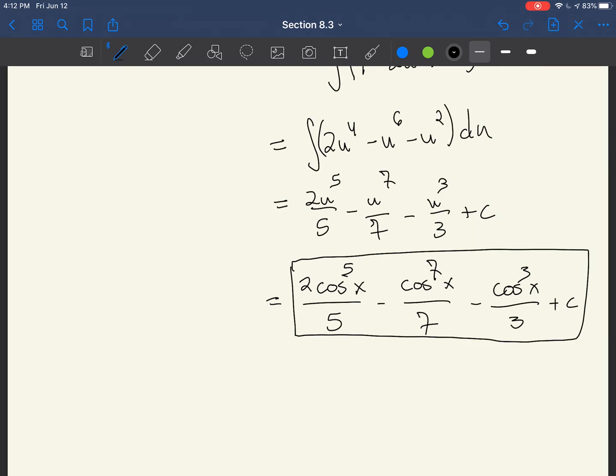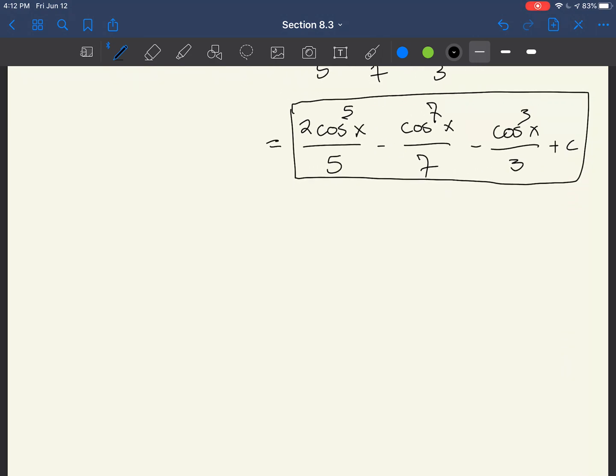In all the examples we've seen so far, we have let u equal cosine x because we have been manipulating sine. So let's do another example and see that you can do the same thing by manipulating cosine and let u equal sine x. So evaluate.